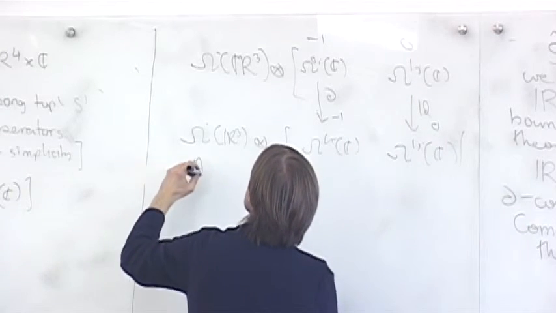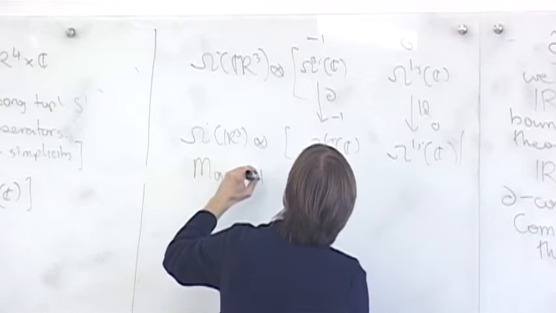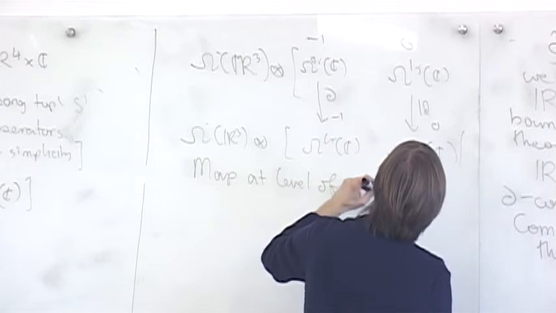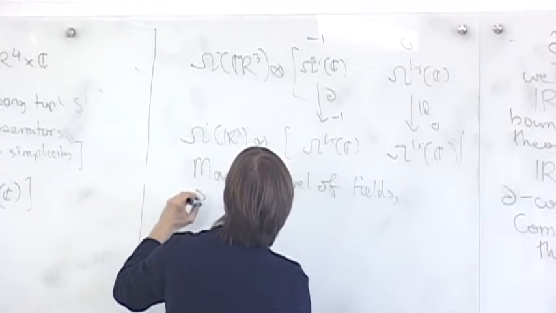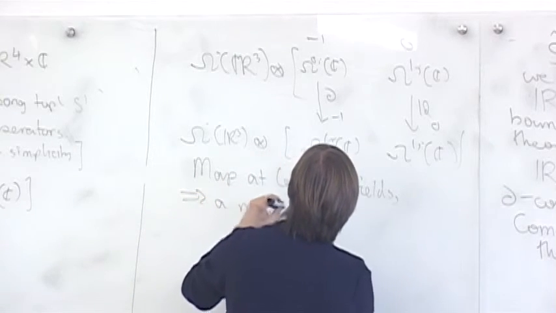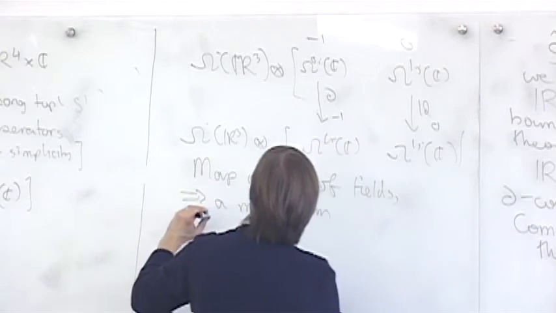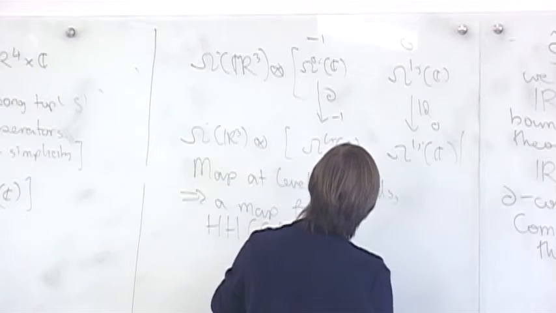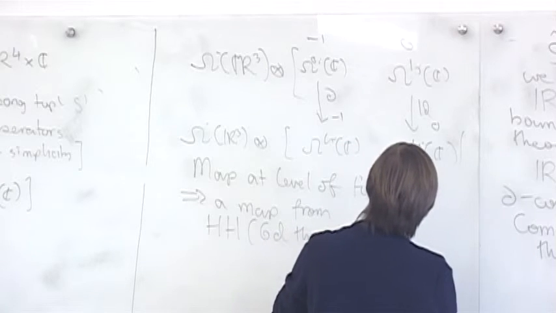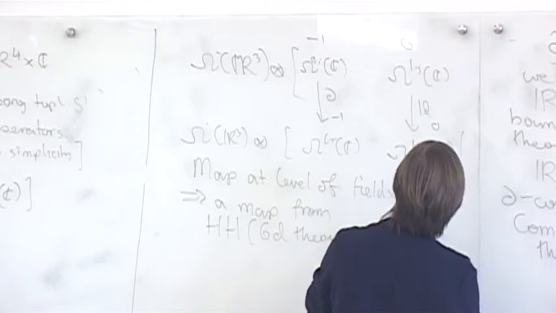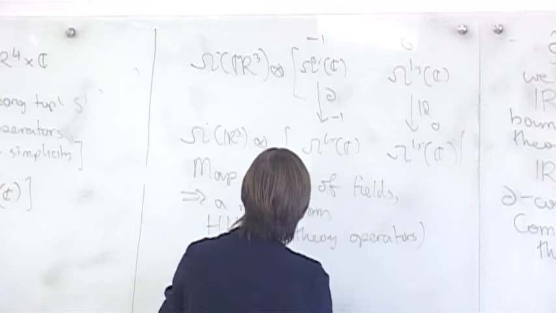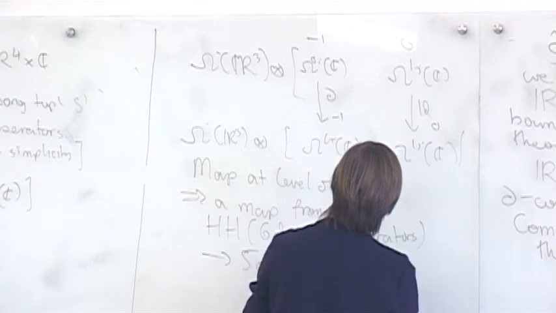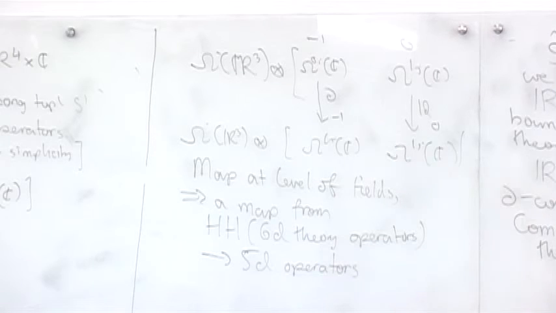Find a map at the level of fields. And so a map from Hochschild homology of the 6D theory operators to the 5D theory operators, which has all of the features we said it should have.